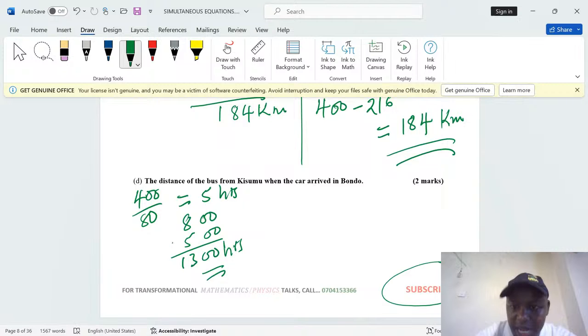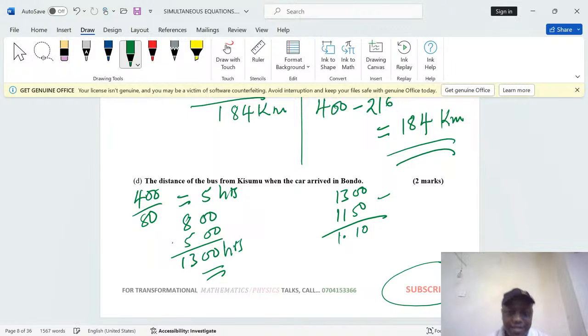But now the arrival time of the car is 11:50. Therefore, 13:00 minus 11:50. So at 11:50, when the car is arriving, the bus is remaining with some time to still travel. Therefore, this is going to be 60, so we get 10 minutes. This is 12, so we get 1 hour. So the bus is yet to travel for 1 hour, 10 minutes.